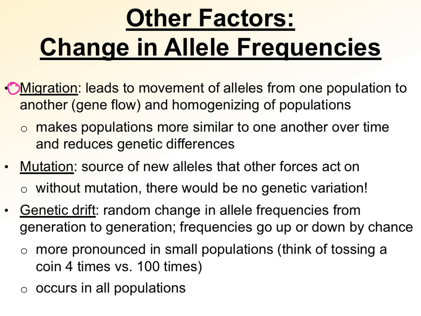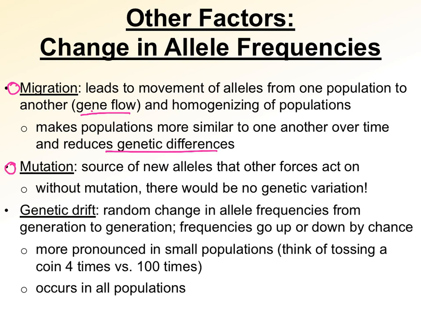Migration means that you have alleles in an individual that's moving back and forth with them as they go from one population to the next. This movement of alleles is referred to as gene flow, and this leads to homogenization of populations. They're mixing with each other. It makes populations more similar to one another over time, and it can reduce genetic differences.